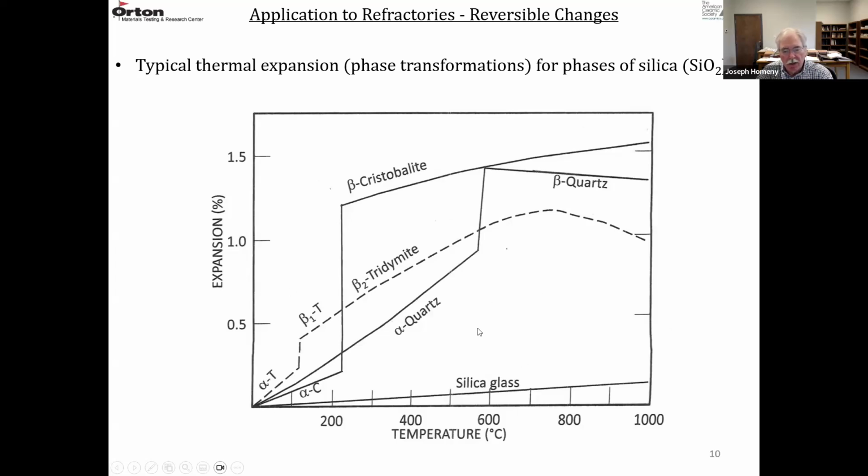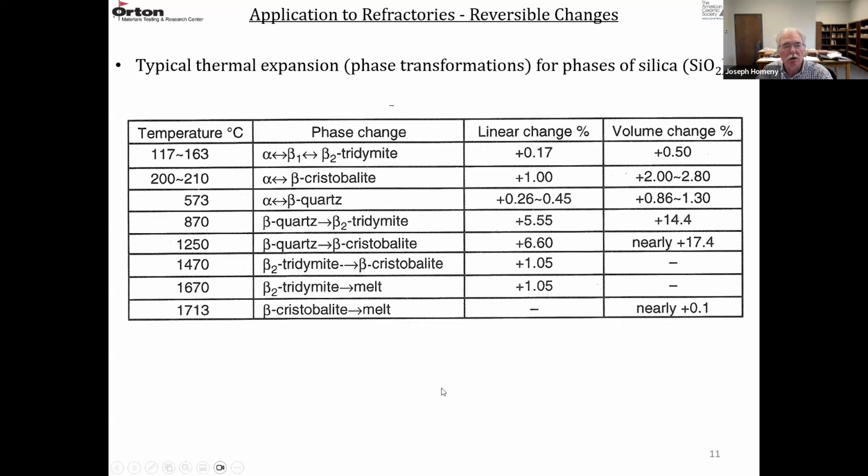So once you get above 600 degrees C, these tend to level off. So they have very little expansion. It's not shown exactly correct on this diagram, but they're pretty flat. So once you get above 600 degrees C for silica, it has pretty good thermal shock resistance because of the pretty flat thermal expansion behavior.